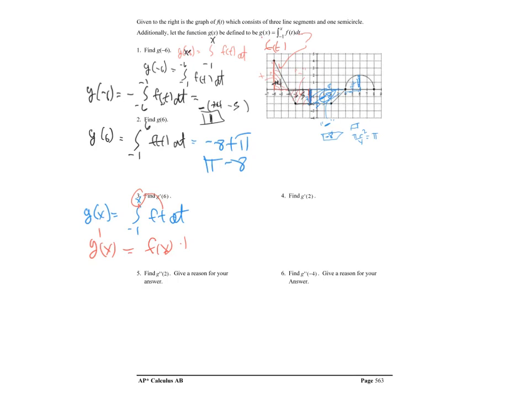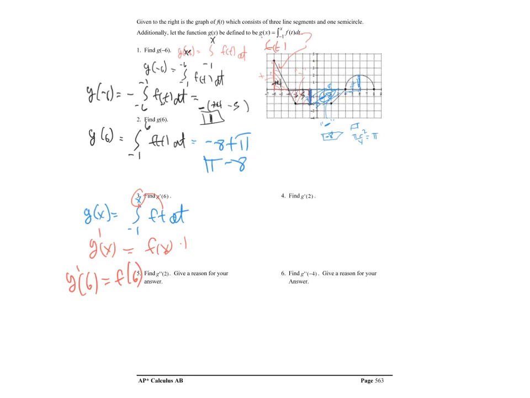Do I have it right? Yeah, nothing fancy. So g prime at 6 is equal to f of 6.